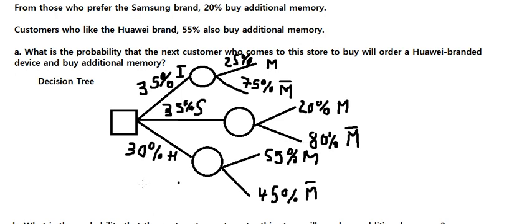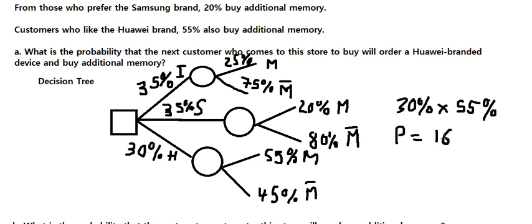So for this one, we just have 30% multiplied by 55%, and we have the probability in here. That equals 16.5%.